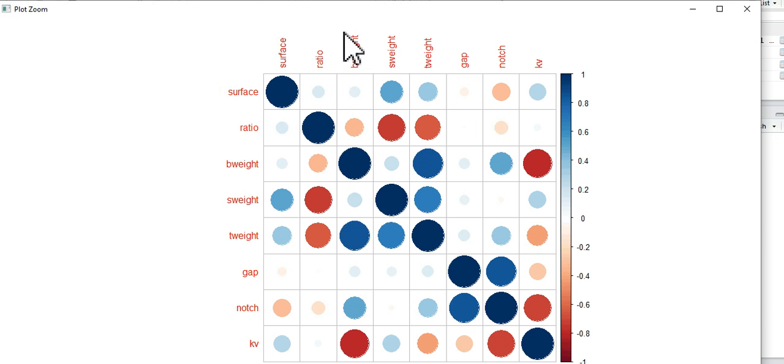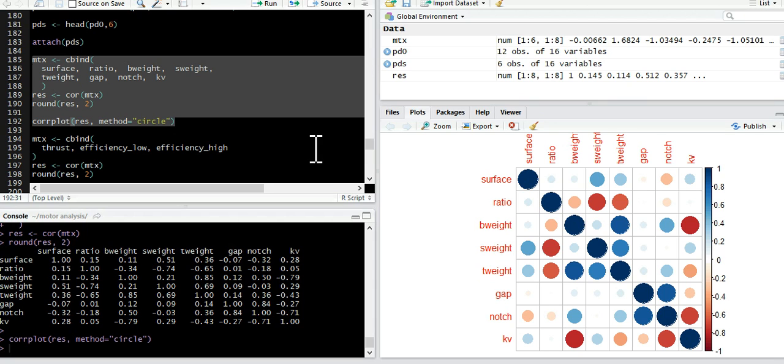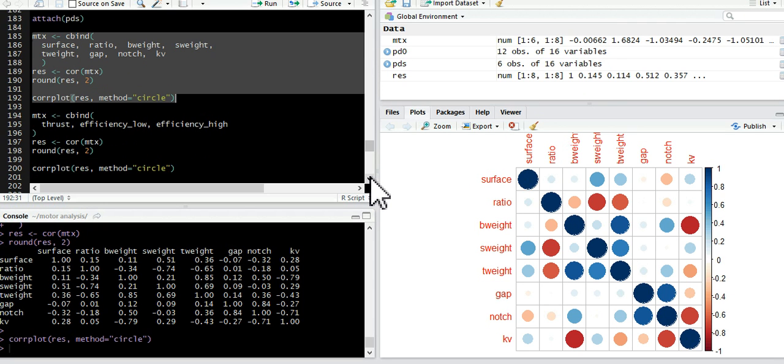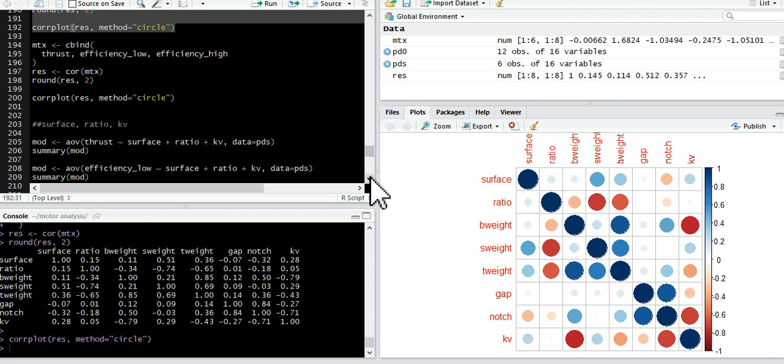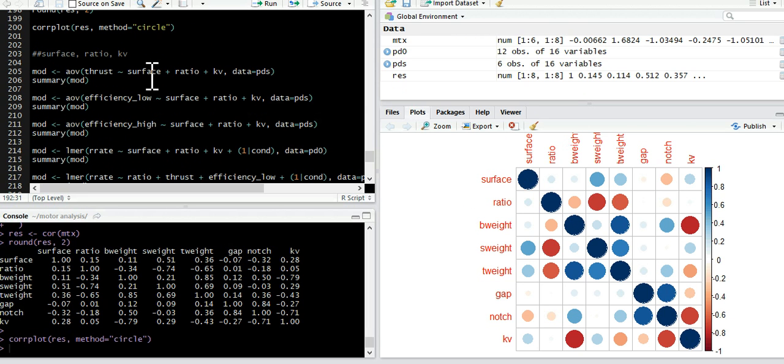I spent some time digging through these and picked out the ones that were both relatively independent and also useful or easy to talk about and that make sense. Those parameters are the surface area of the stator, because that's a good way to describe how big the motor is. It normalizes for tall versus wide; it just doesn't care, it's just how much surface area there is on the stator.